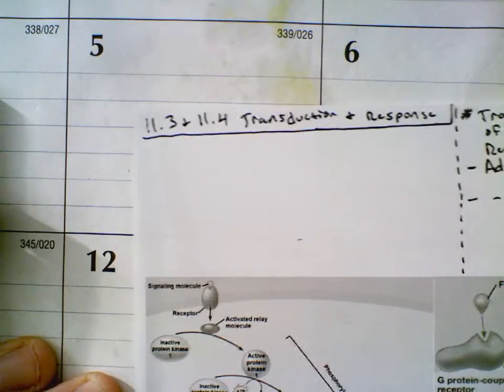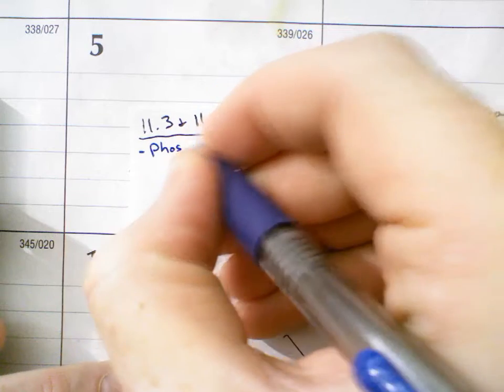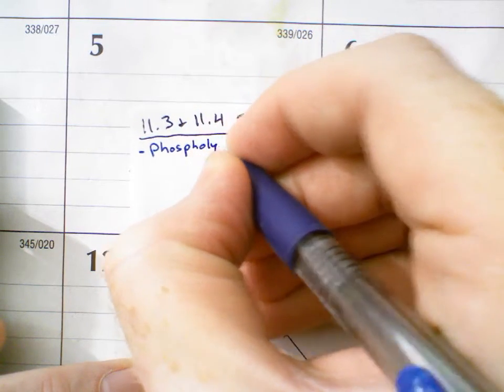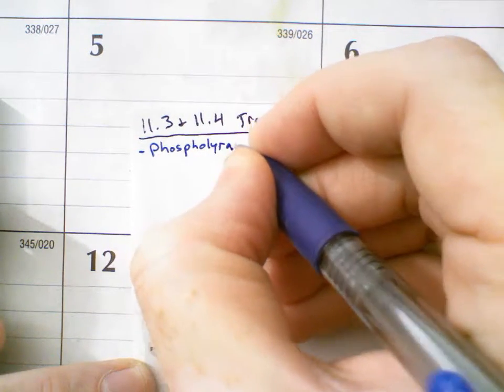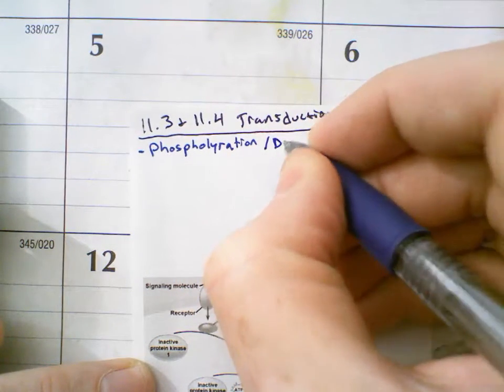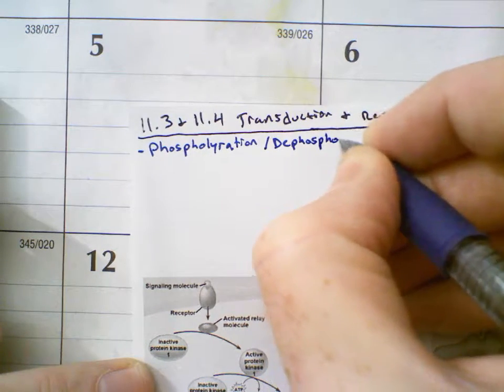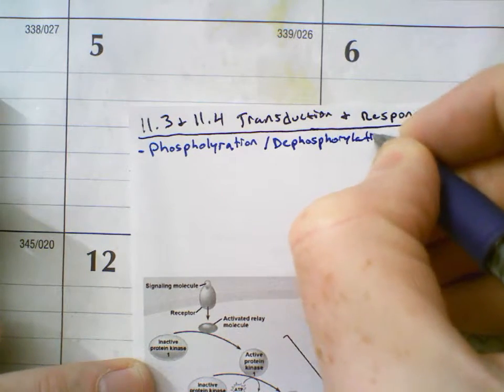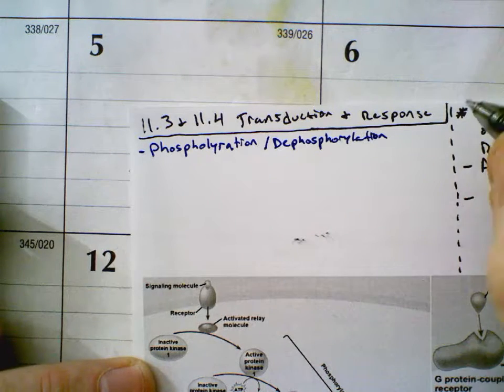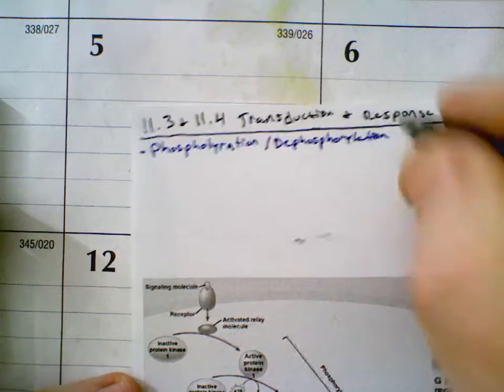Phosphorylation and dephosphorylation are one of the primary mechanisms for transduction.